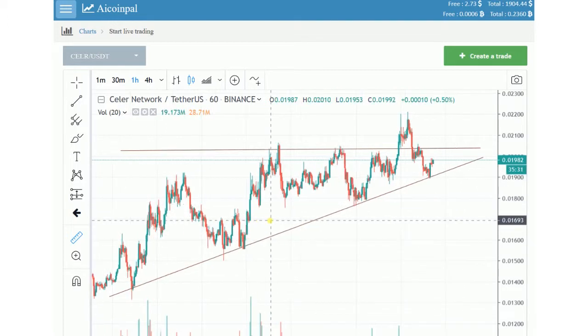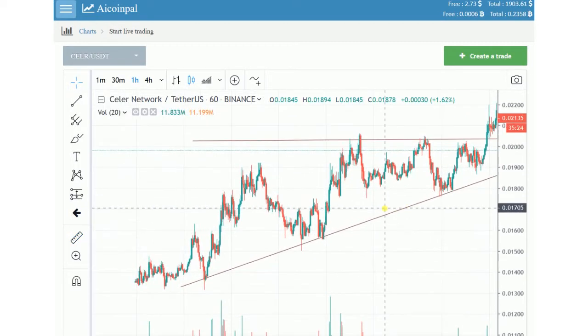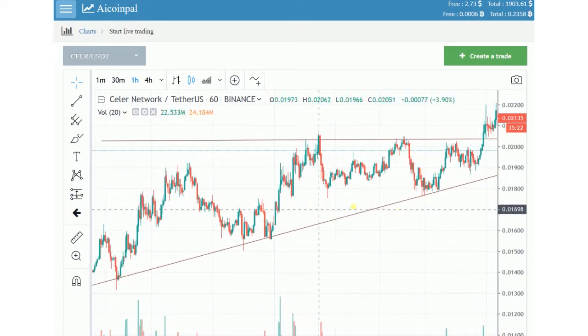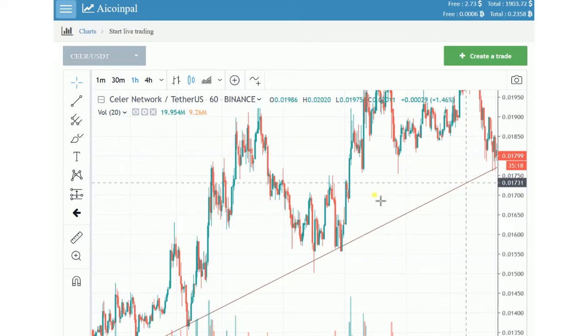For example, we were not to know whether the price would move upwards or downwards.